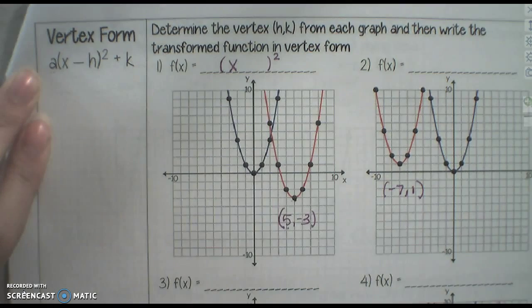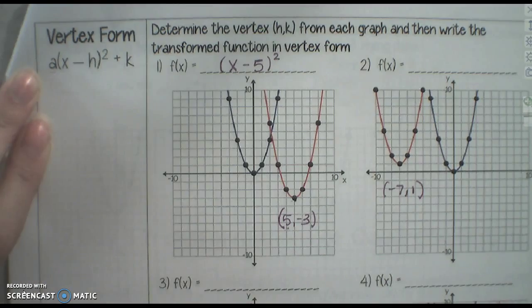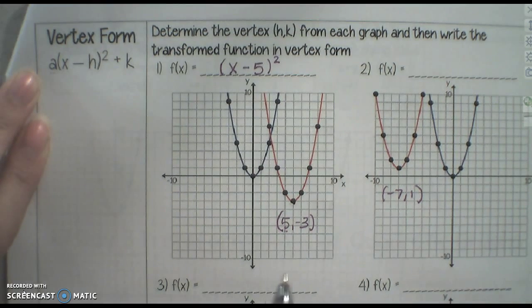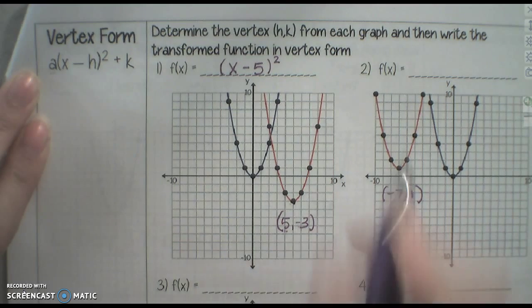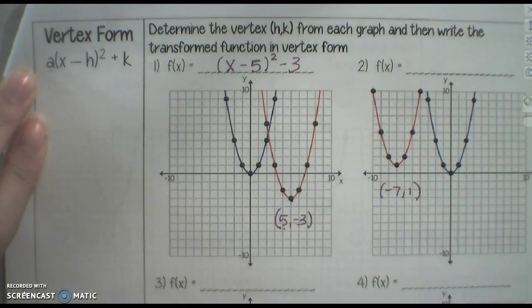But I want to do the opposite. So if it's a positive 5 here, then I need to make it a minus 5 back inside the parentheses. So now the last thing is just putting my k back behind it, or in a sense my y value, negative 3. And that's it. That's putting it back into vertex form.